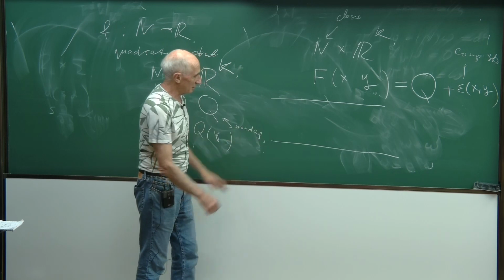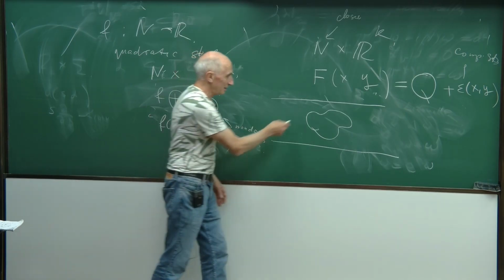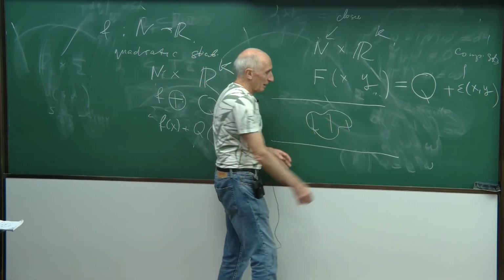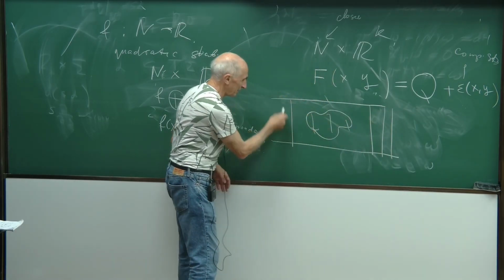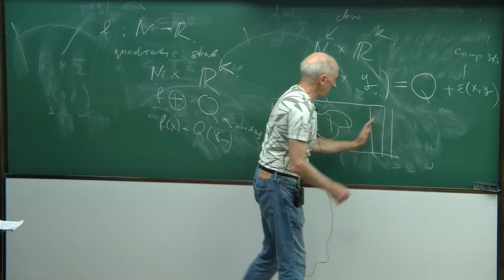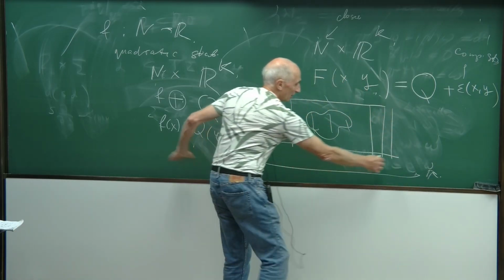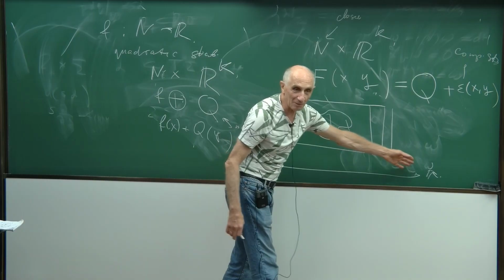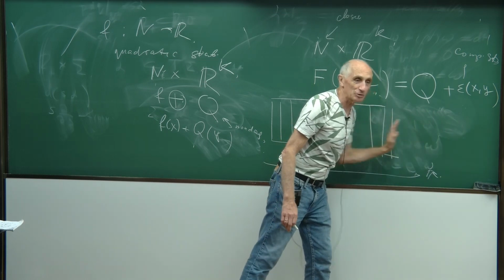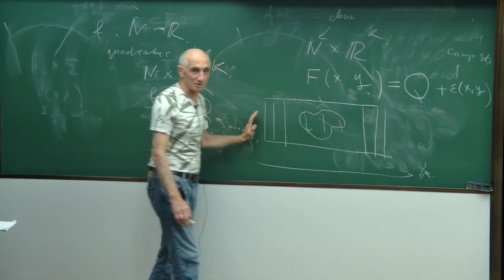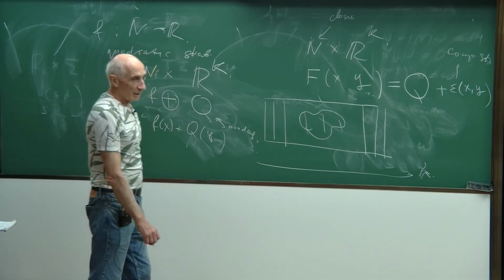You want it to have some kind of compact part, and here it's anything, but away from some compact end, this is just a fibration, and there is a map over R. This is our function, and if we take a pre-image over some big N or minus N, in this end it will be honestly a quadratic function, and here it's also honestly a quadratic function. So you have a function like this.